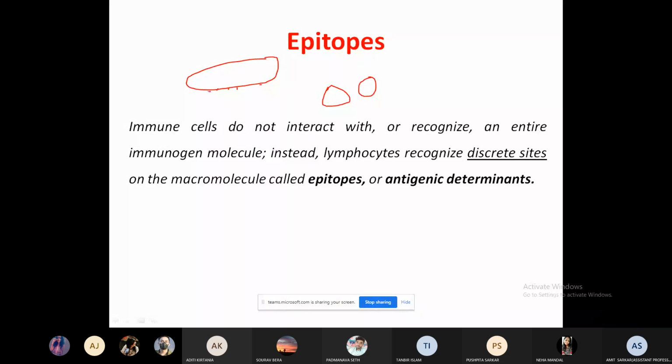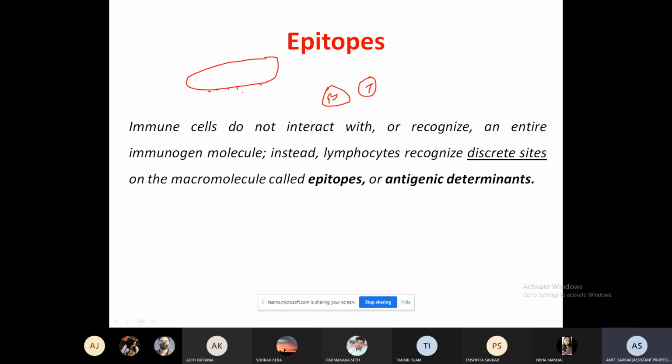So what they recognize are only certain molecules present on the surface of the antigen or immunogen. A bacteria on its surface can have hundreds of different types of protein, hundreds of different types of glycoprotein, that is protein plus carbohydrate, lipid molecules, etc. Only a few of them are recognized by these immune cells, that could be B cell or T cell or other types of immune cells.